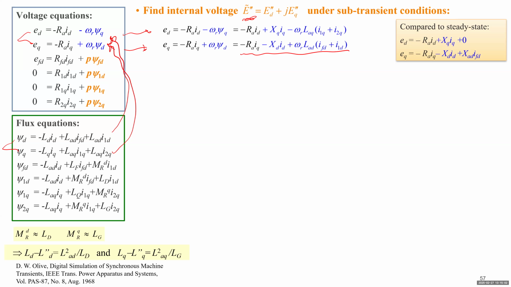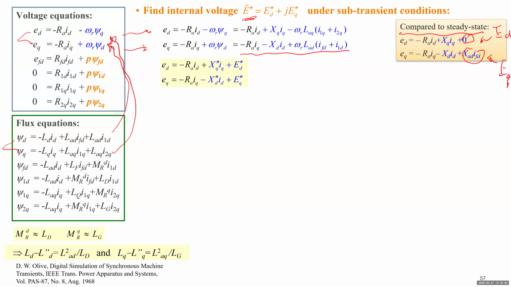Then we compare with the steady state equation. For the steady state equation, we know that the last items are basically just ED and EQ. So we are going to make some changes on the two accurate equations based on the structure of the steady state equation.